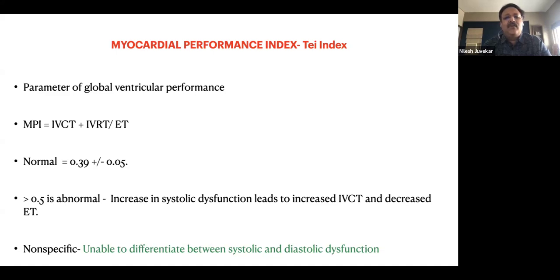It has a normal value of around 0.39 plus minus 0.05. Now, why is more than 0.5 abnormal? Because as LV systolic dysfunction sets in, the IVCT increases and the ejection time decreases. So the denominator decreases and the numerator increases, and hence this value increases.